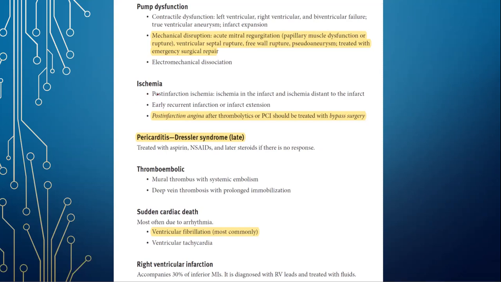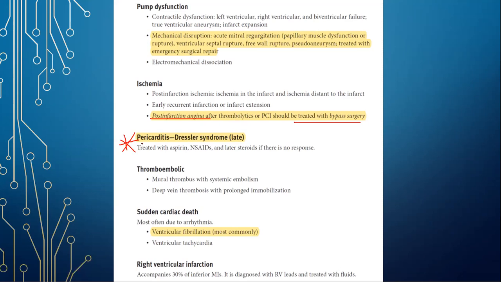Sometimes even after one ischemia, a patient can develop another ischemia, which we call post-infarction angina. If any patient, after getting thrombolytics or PCI, again develops post-infarction angina, that patient needs to be treated with bypass surgery. There is another important complication called Dressler syndrome. Dressler syndrome is nothing but pericarditis after MI.